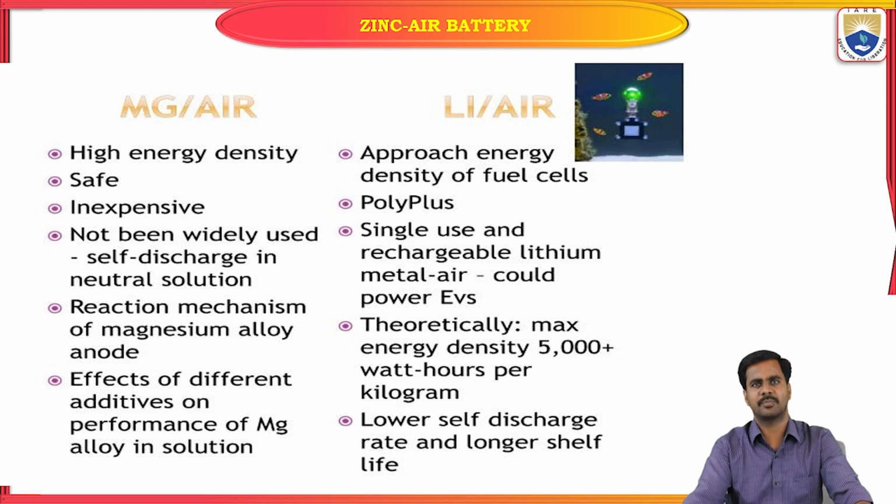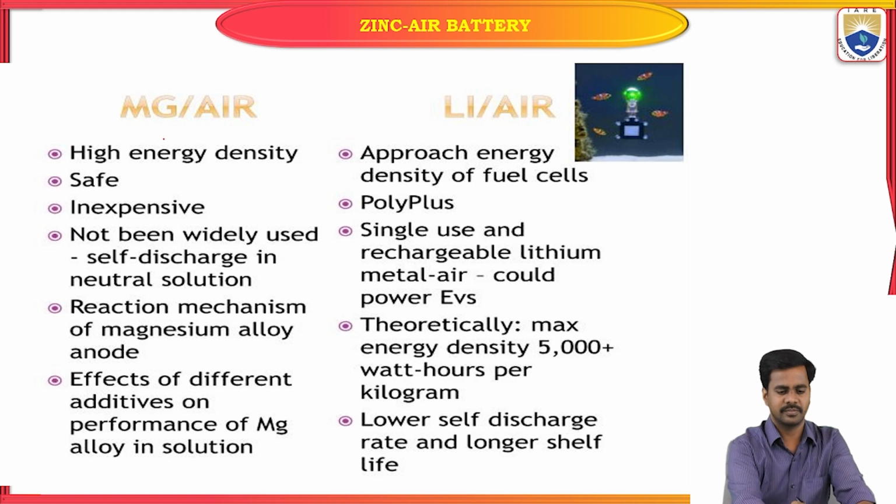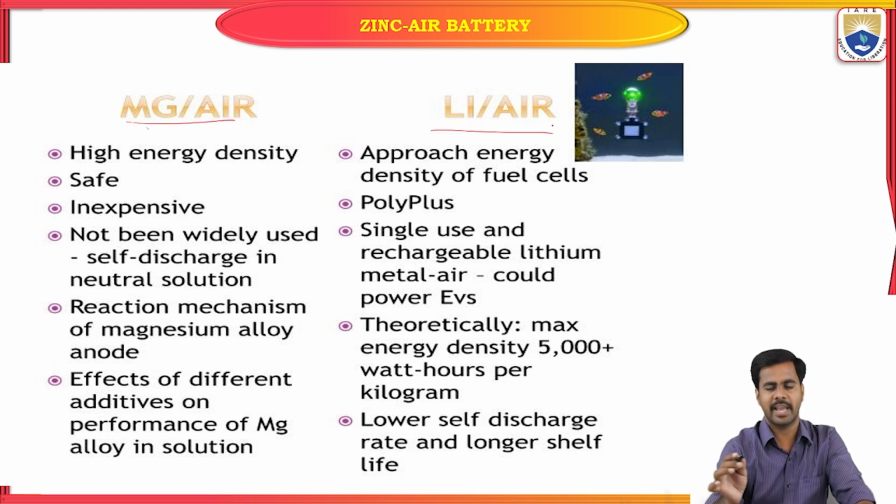And now, small differences between the magnesium air, lithium air, and zinc air batteries. Let us see what the major differences are. First, the differences between Mg air and lithium air batteries.